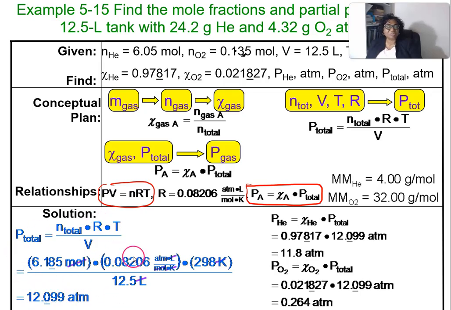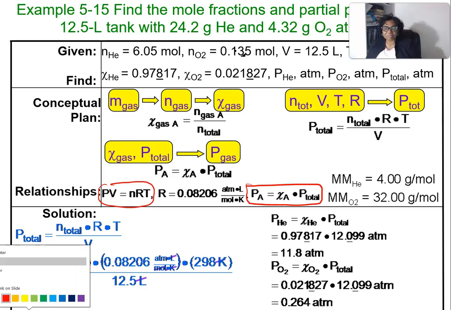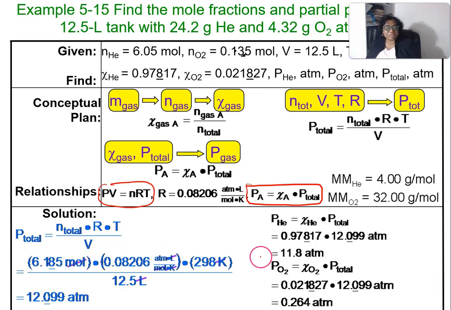Or you can do it this way. Any of them will give you the same answer. Here they use the total number of moles and solve and got this, but you add this and this, you get the same answer. So there are two ways you can do it. You can do it this way, or you can do it this way.